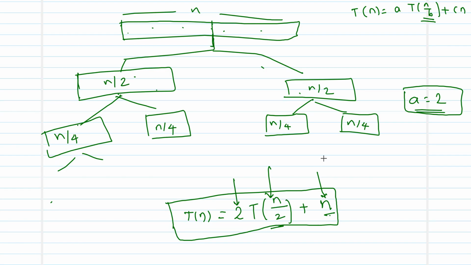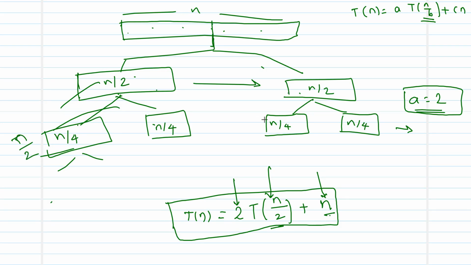Now one more question may arise. At this stage we can understand that an n size problem needs time n by 2 and n by 2 to divide it into two n by 2 subproblems. But why is n required at this stage? Each n by 2 problem will be divided into two n by 4 problems, which needs a time of n by 2.